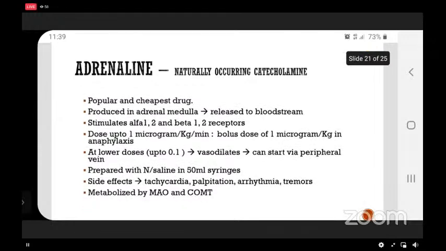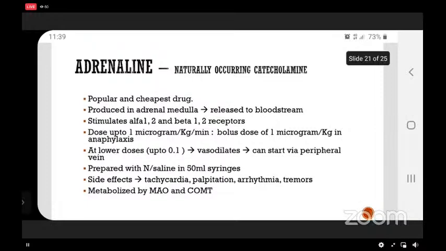So adrenaline is a naturally occurring catecholamine. It's being produced in the adrenal medulla in the body. It is a very popular drug as well as a cheap drug. And it stimulates all the receptors alpha 1, alpha 2, and beta 1, beta 2. So at different infusion rates, it will stimulate different receptors.